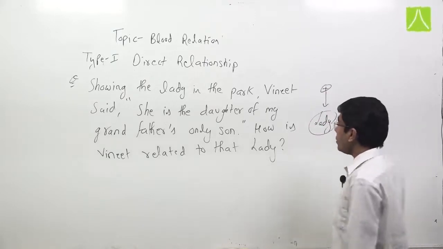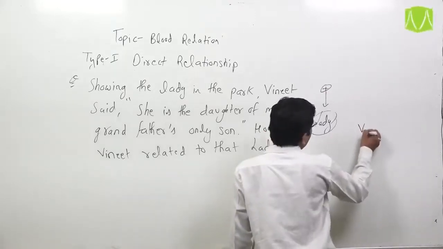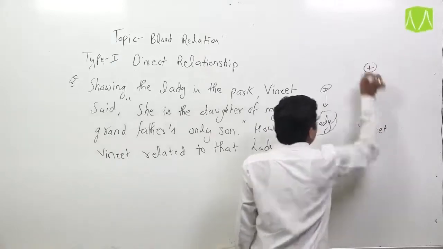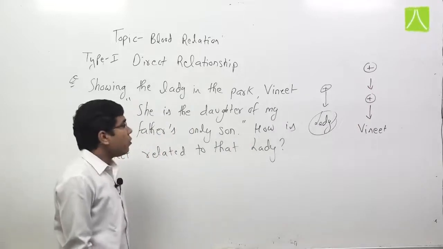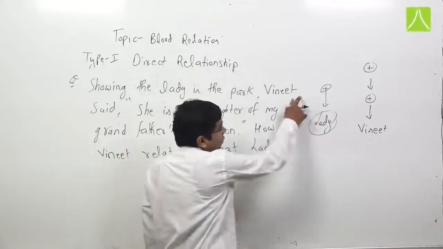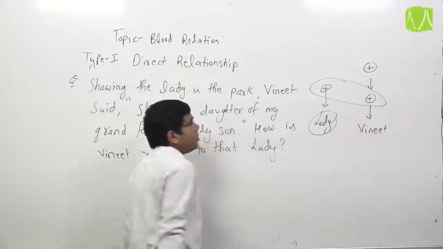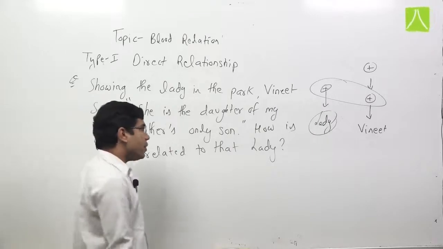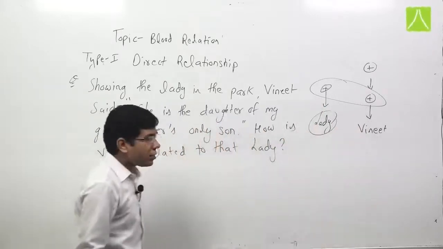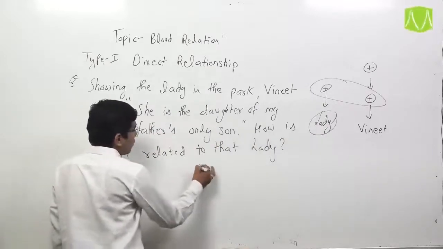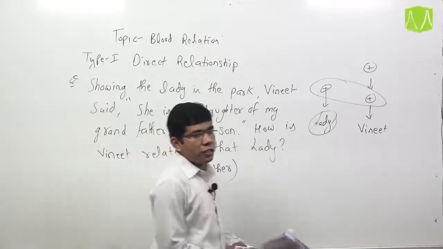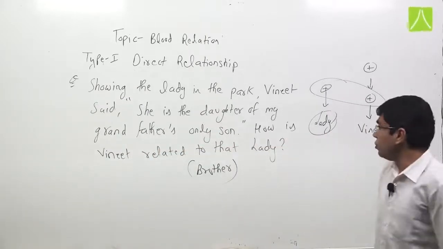Vinith's grandfather's only son is Vinith's father, so both persons are the same. The father of this lady and the father of Vinith is the same person. So Vinith is the brother of this lady. For this question, our answer is brother.